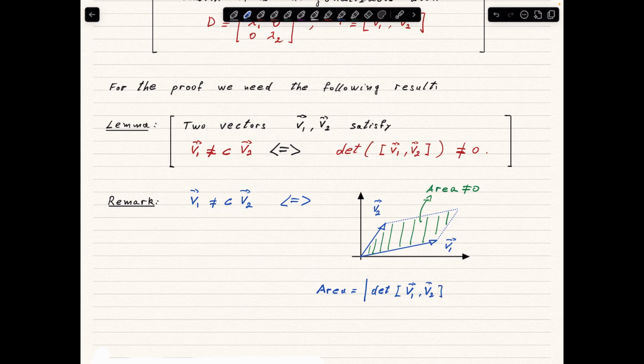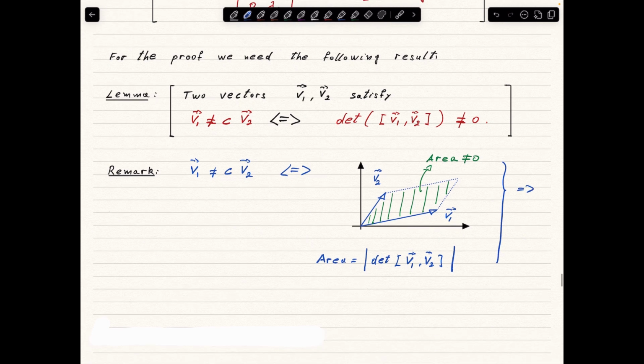So the absolute value of that determinant is the area, and because they are pointing in different directions, this is equivalent to saying that the determinant of this matrix V1, V2, where these are vectors, is different from 0.